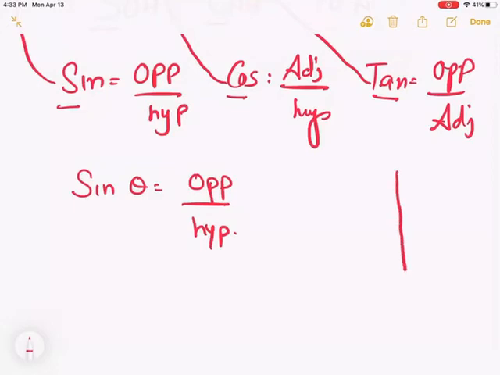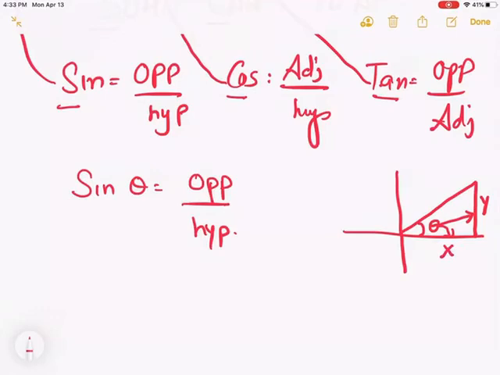But let's say you're looking at a unit circle and a triangle like this, and let's say the angle theta is here. If I look at my opposite side for this angle theta, opposite means I'm talking about the y-axis. If I look at the adjacent side, it means I'm looking at the x-axis.